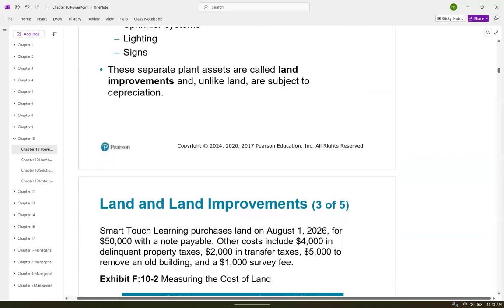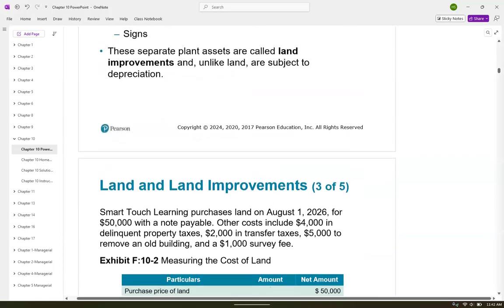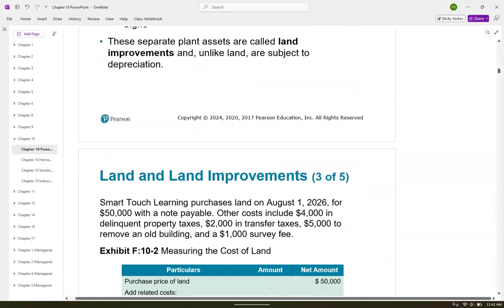Okay. So they give us an example here. Smart Touch Learning purchases land on August 1st, 2026 for $50,000 with a note payable. Other costs include $4,000 in delinquent property taxes, $2,000 in transfer taxes, and $5,000 to remove an old building and $1,000 survey. Okay.